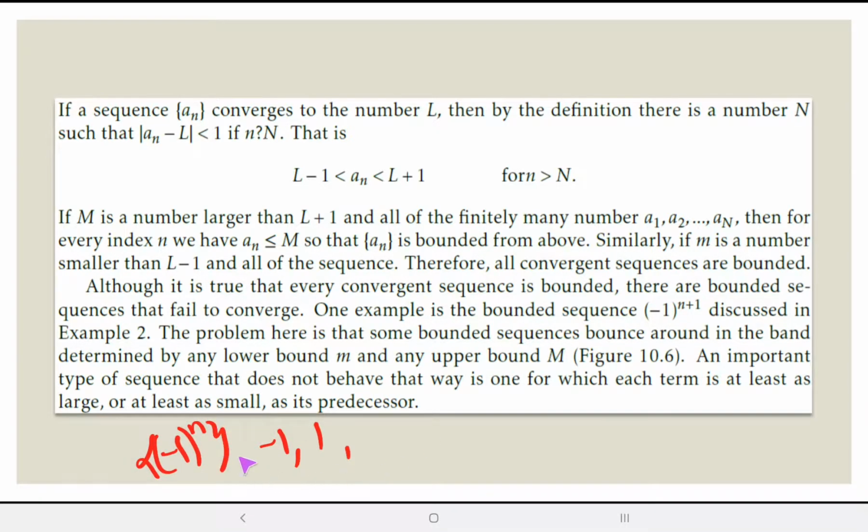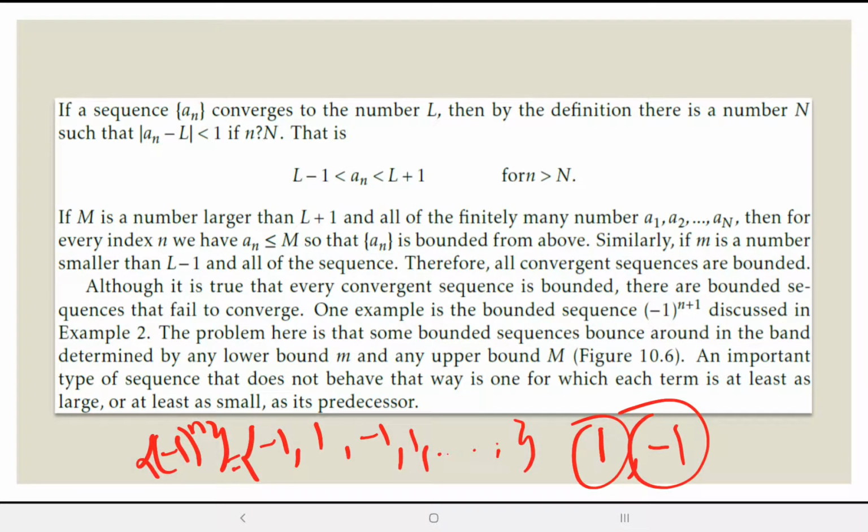Ang sequence na to ay negative 1, 1, negative 1, 1, etc. So itong series na to ay bounded from above ng 1 and then bounded from below ng -1. And ito ay least upper bound and ito ay greatest lower bound.